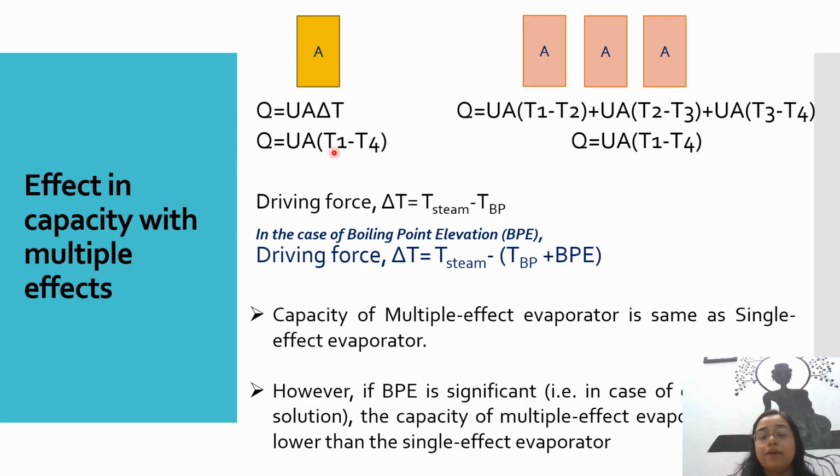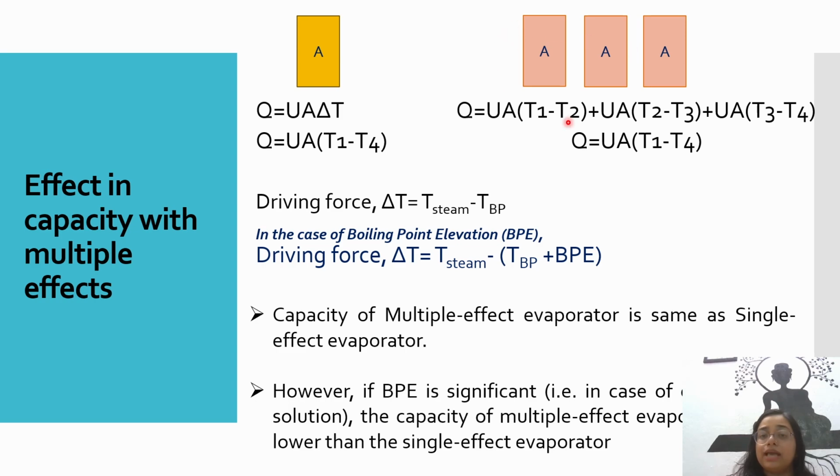Now suppose we are considering the multiple effect evaporator. Here we have considered three effects: effect 1, effect 2 and effect 3. All the effects of the evaporators have the same area, represented by A. Suppose here the temperature is T1, here T2, here T3, here T4.